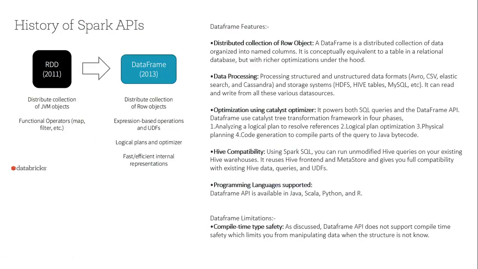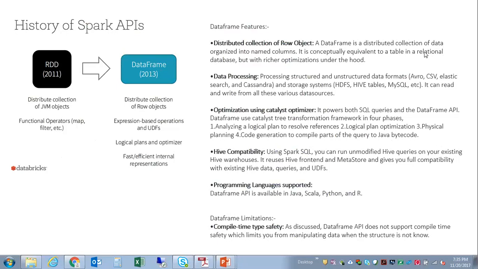You can read data from databases directly into a data frame. So that is the data processing advantage that data frames give. And again, because it has a relational schema and it's similar to an RDBMS, you can have a logical plan.